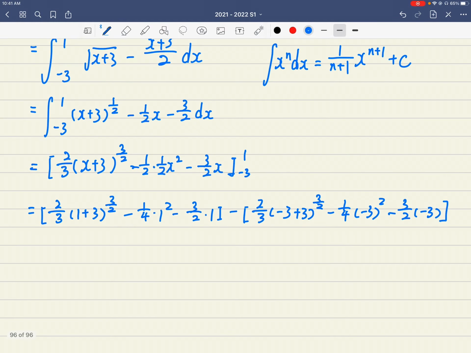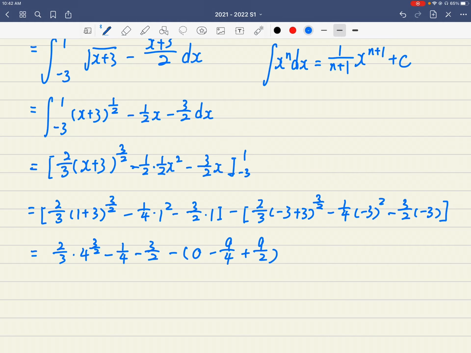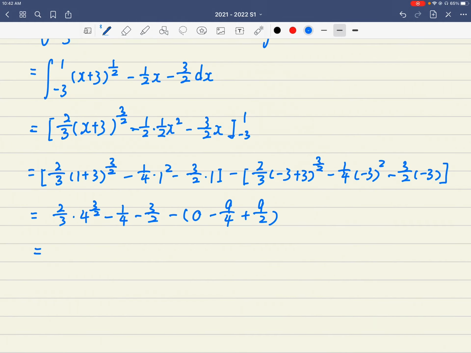Let's finish it. The first part is 2 over 3 times 4 to the power of 3 over 2, minus 1 over 4, minus 3 over 2. Then this first part is 0, the second part is minus 9 over 4, and the third part is plus 9 over 2. You first take the square root of 4 to get 2, and 2 to the power of 3 is 8, so it's 16 over 3 minus 1 over 4 minus 3 over 2.